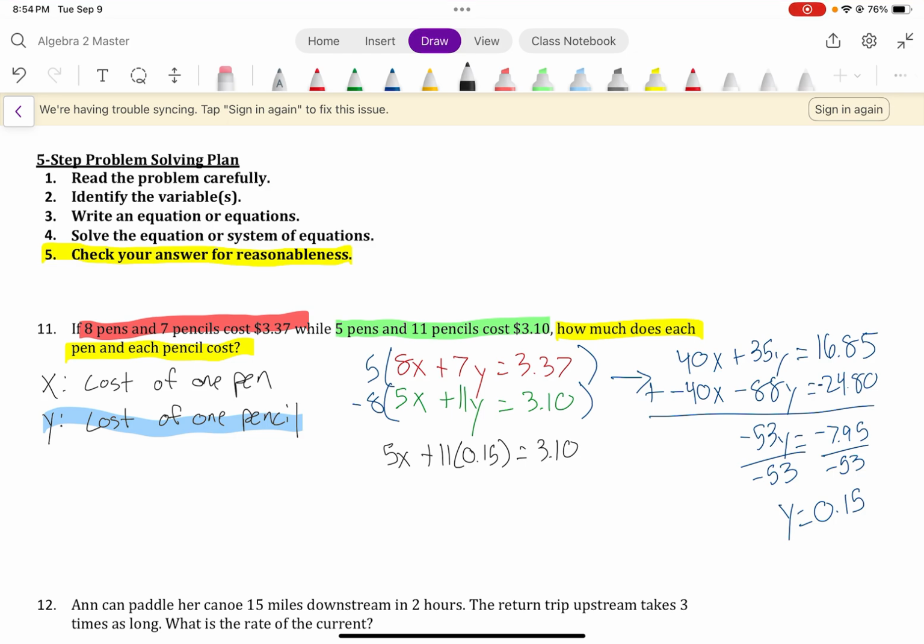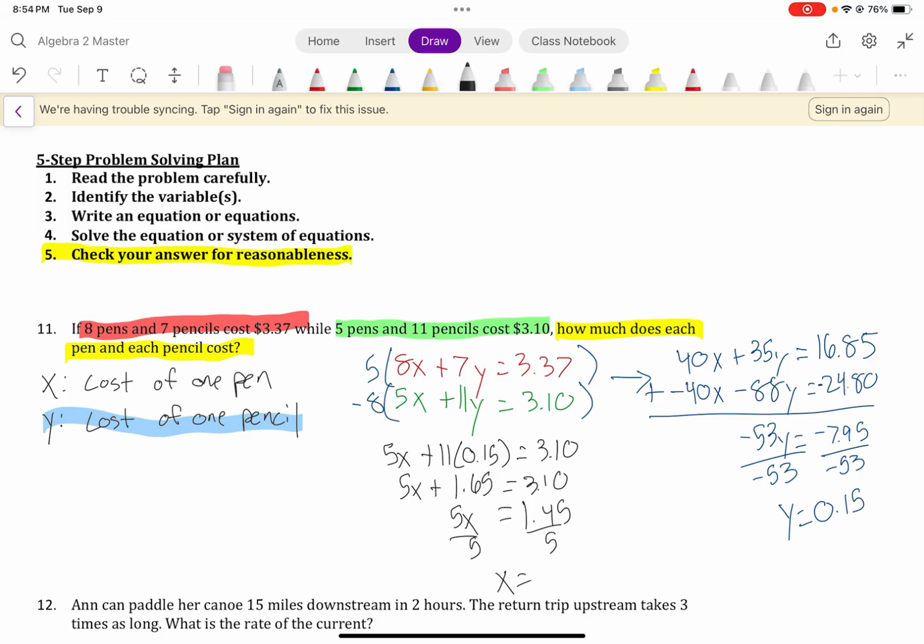Dividing by 5 is usually easier than dividing by 8. Okay, so when I take my 11 times 0.15, I'm going to get myself 1.65. When I subtract that from 3.1, I'm going to get 5x. That was an ugly 5. 5x is going to be equal to 1.45.